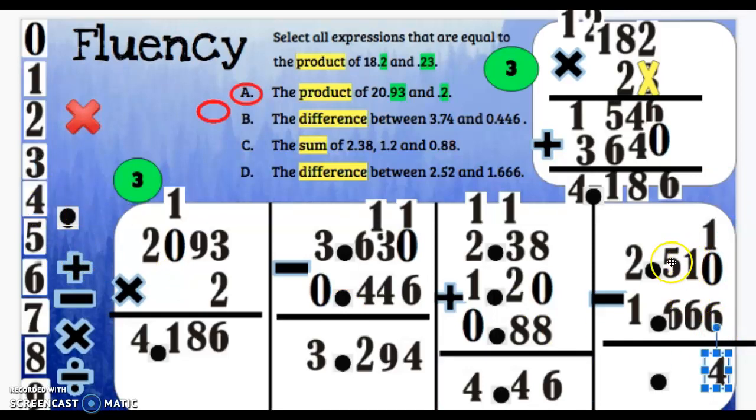1 minus 6 I can't do, so that 5 becomes a 4. And then 1 becomes an 11. 11 minus 6 is 5. 4 minus 6 I can't do, so that 2 becomes a 1.